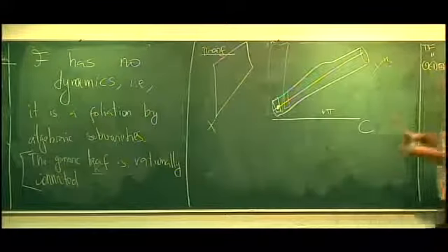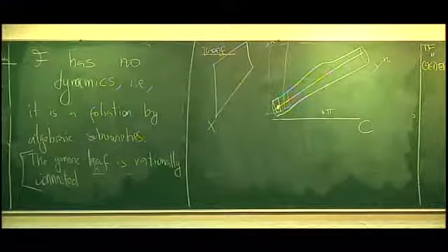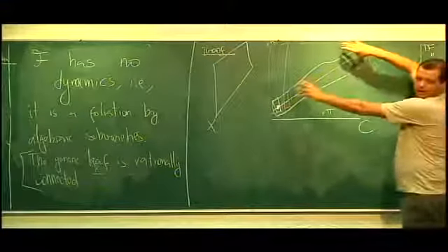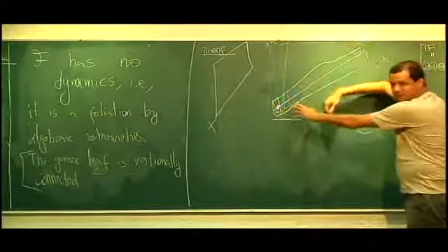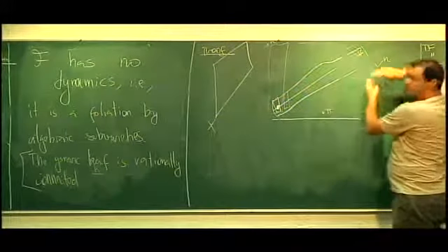Right? So somehow, in this neighborhood, our foliation is given by the level sets of this projection. Of course, this variety can be very complicated.